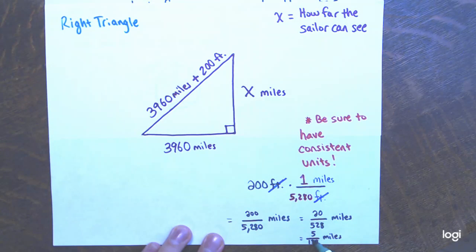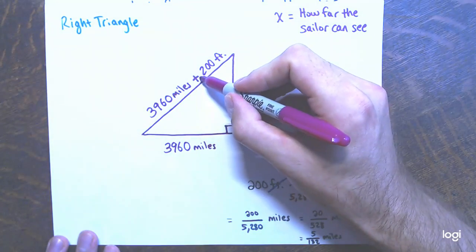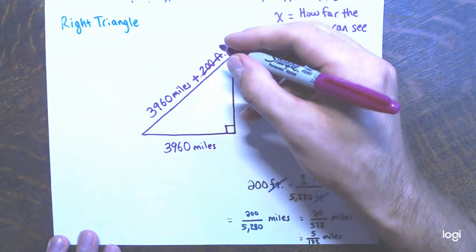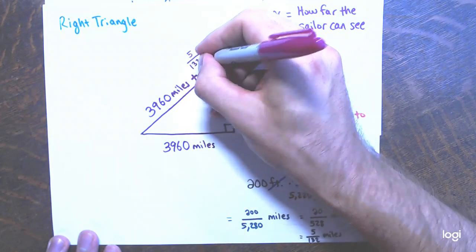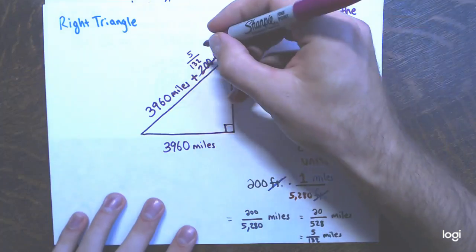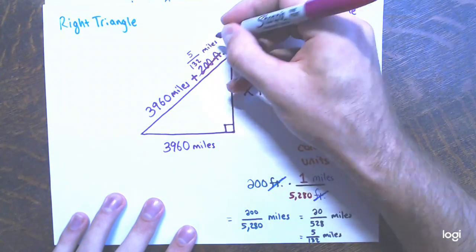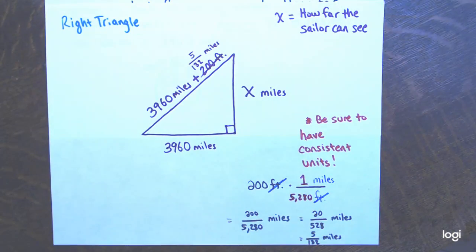Alright, so this is 5 over 132. So that's actually what I'm going to change this to. Instead of 200 feet, I'm going to change it to 5 132nds of a mile. That way everything's in miles.